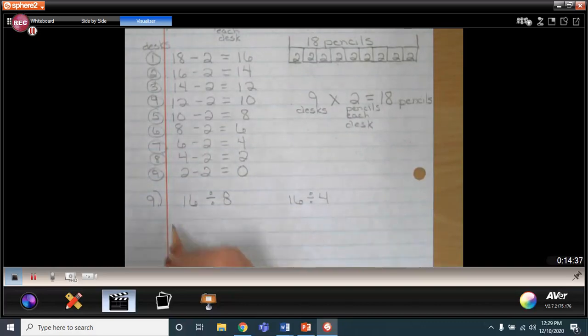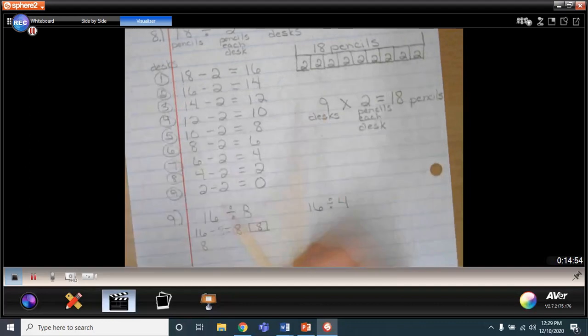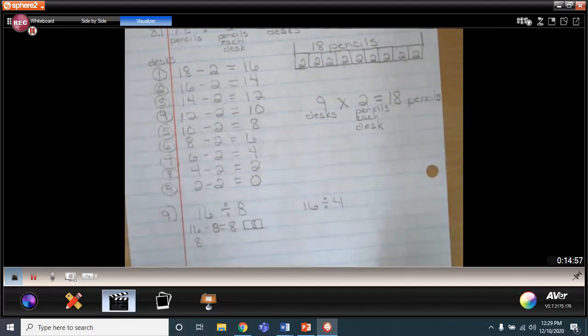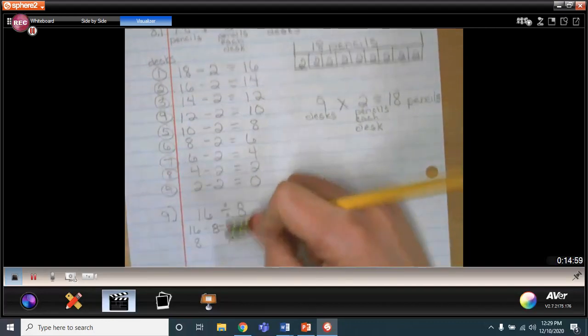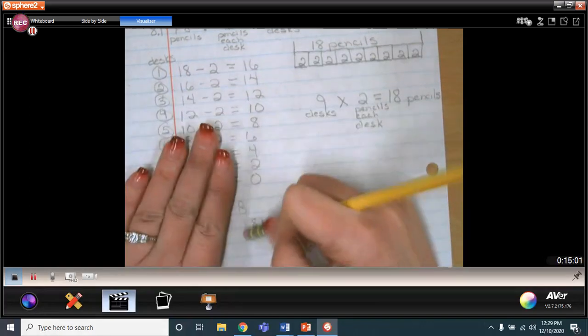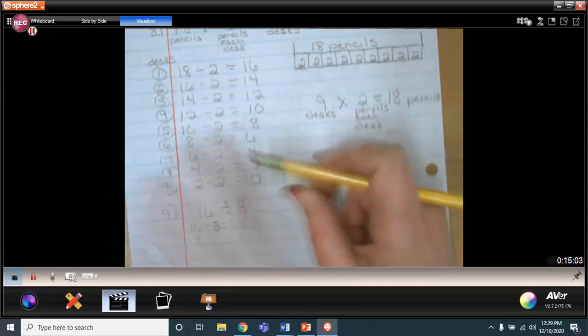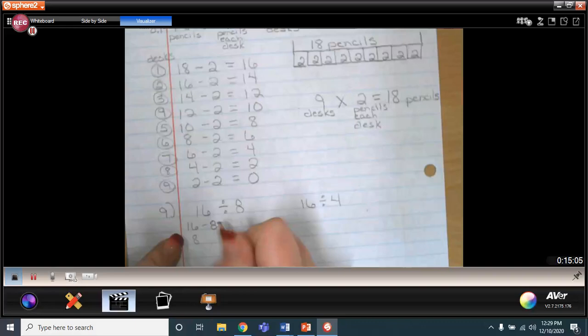Well, if we start with 16 minus 8, that's going to be 1 shelf. And he's going to put 8 planes on that shelf. And that's going to leave him with 8. So 16 minus 8 is 8.